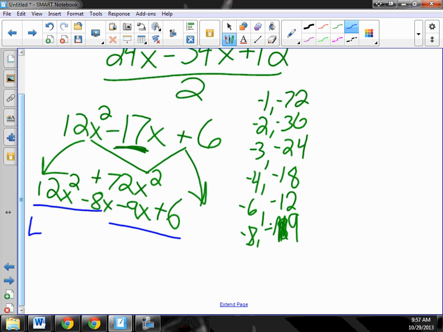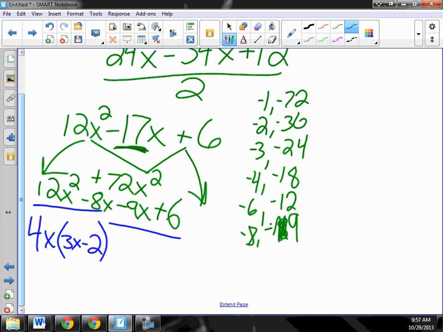So 4x. If I divide out of 4x, what's left? 3x minus 2. Okay? Does everybody get that?